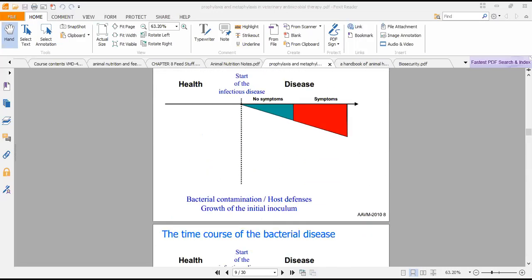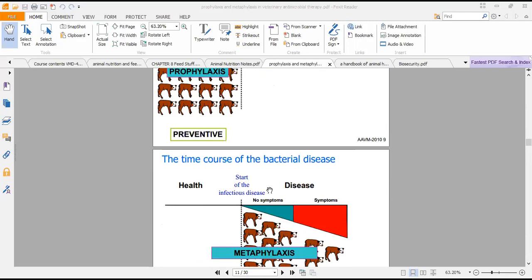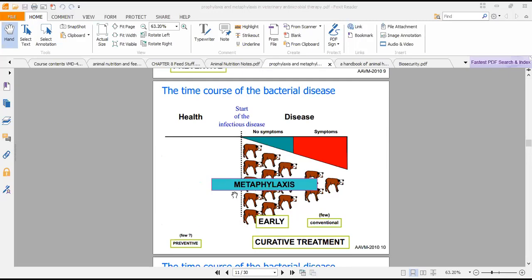So before the start of the infectious disease, we do prophylaxis, and after the attack of the bacteria, when we try to control this pathogen from showing clinical signs in animals, this is known as metaphylaxis. I think I have tried my best to explain this terminology.